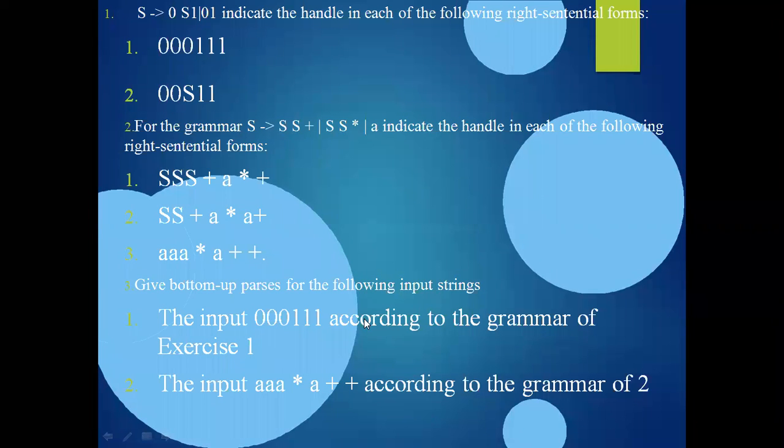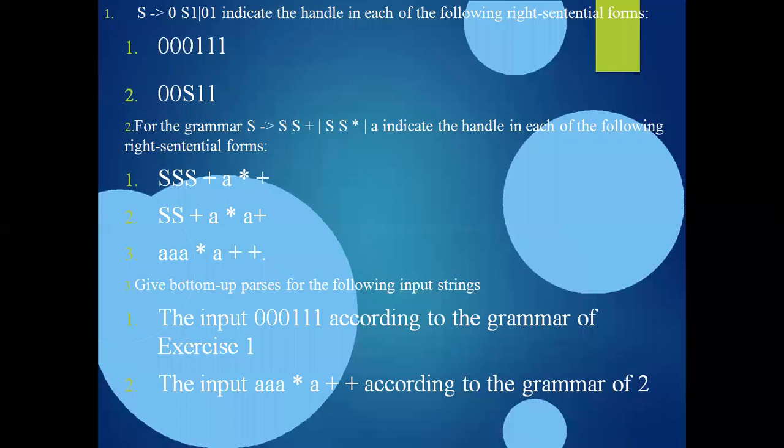In this class, what I explained up to now is the introduction to bottom-up parsing, showing with an example, with the derivation and with the parse tree structure, right? And then I explained the concept of what the handle is and what handle pruning is.